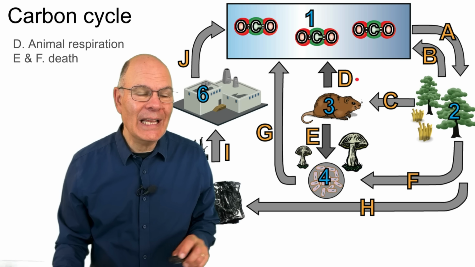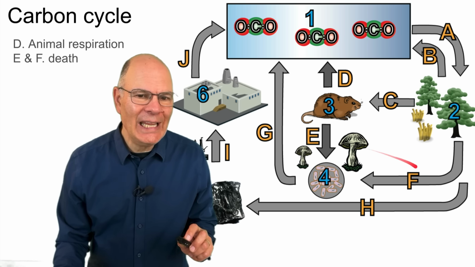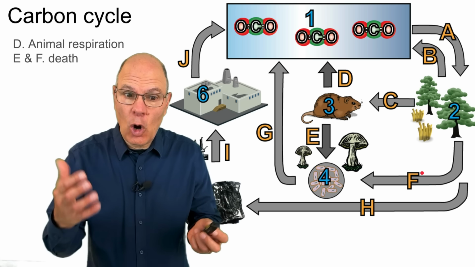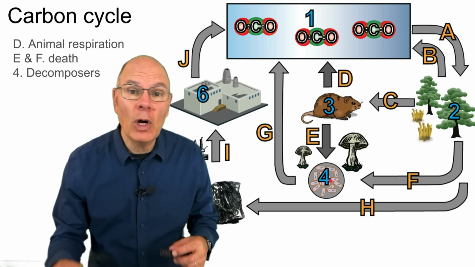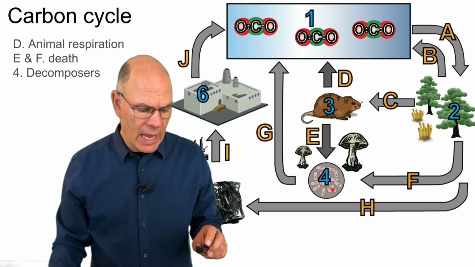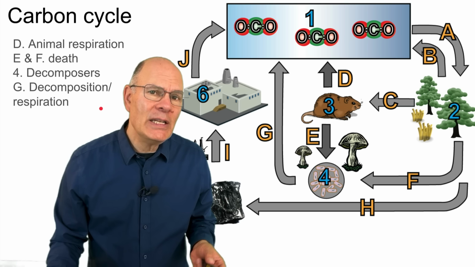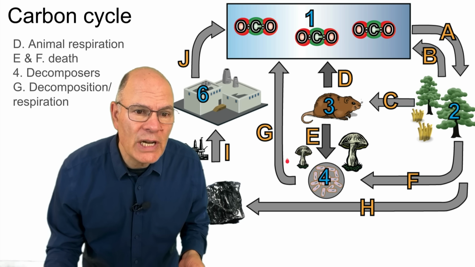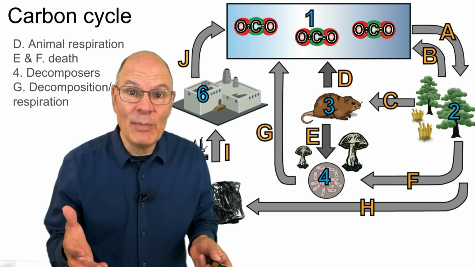You can see that at letter D. When animals and plants die, shown at E and F, their carbon compounds will move to decomposers. That's shown at number 4, represented by fungi and bacteria. And those decomposers will carry out decomposition. And that decomposition is a form of respiration, and that will return some of that carbon dioxide to the atmosphere.